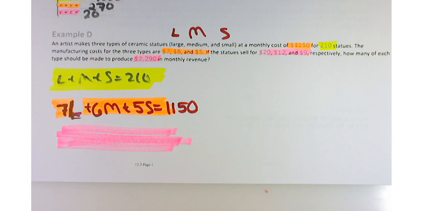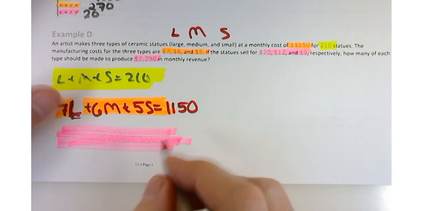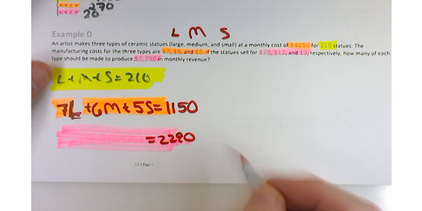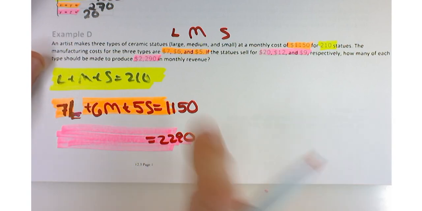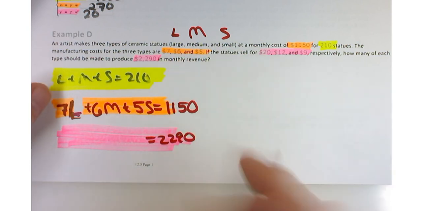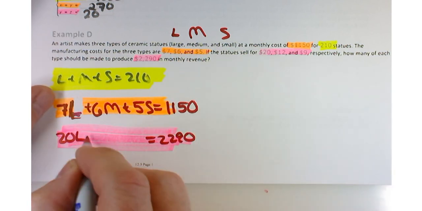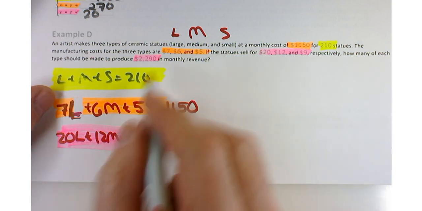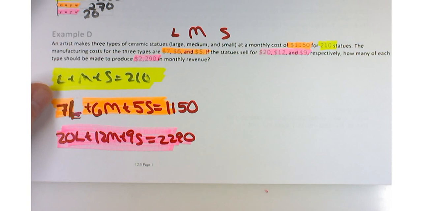I want to make $2,290 out of all this. Those are from all three. Just like the 7L plus 6M plus 5S was for our cost, 20L plus 12M plus 9S. Beautiful. And that's it.